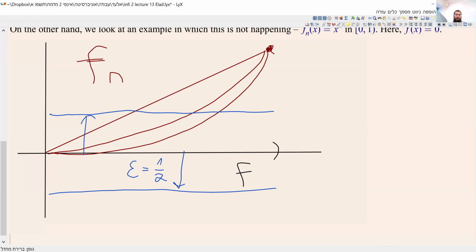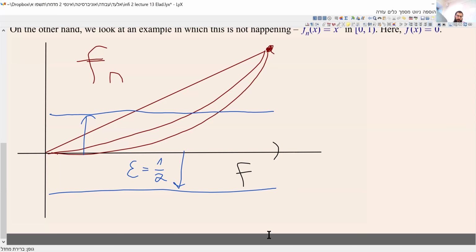Okay. So, geometrically speaking, this is what uniform convergence says. Now, how do we actually check, with a given sequence of functions, if the sequence is uniformly convergent or not? Of course, we don't have to draw things and look for the epsilon strips, but it's nice to have this geometric point of view.